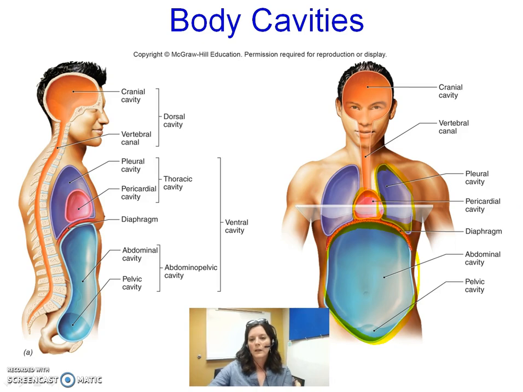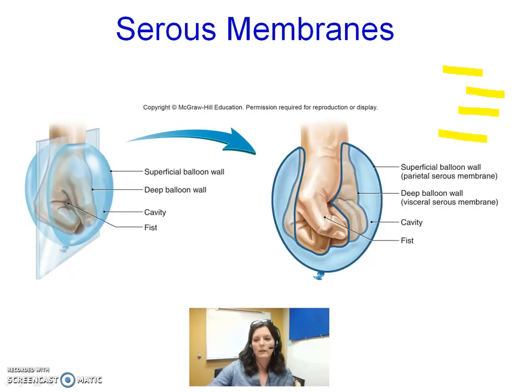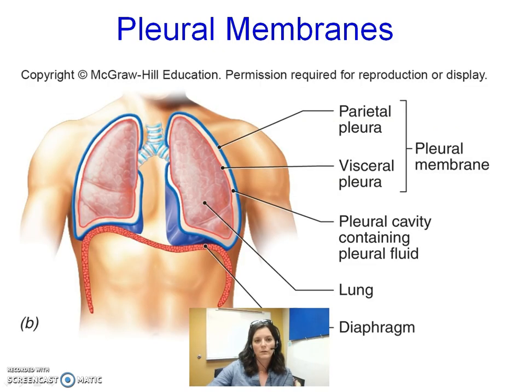Okay, now just with any type of anatomy, we really like to provide lots and lots of terminology for you. So let's talk about this a little bit. The serous membranes are given specific names depending on the cavity that they are found in. So the serous membranes that are found surrounding the lungs are called the pleural membranes.